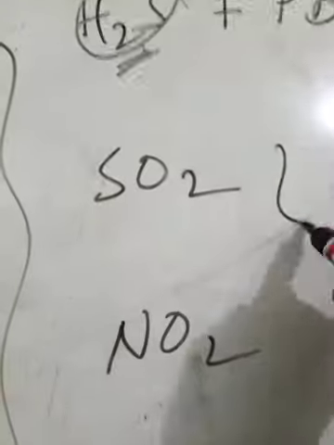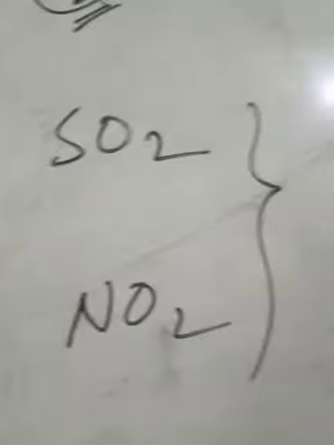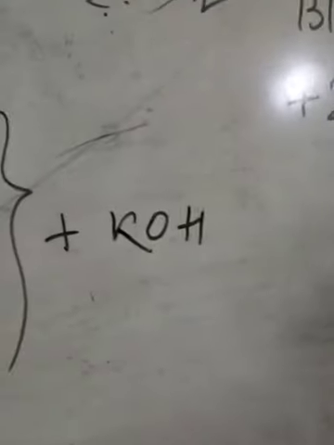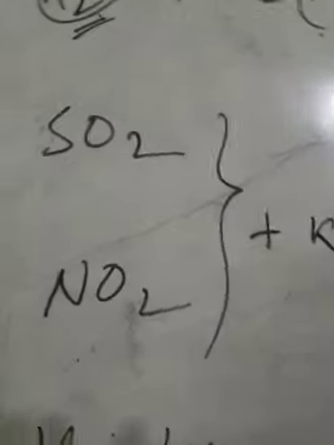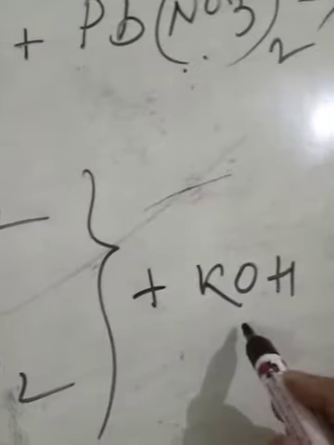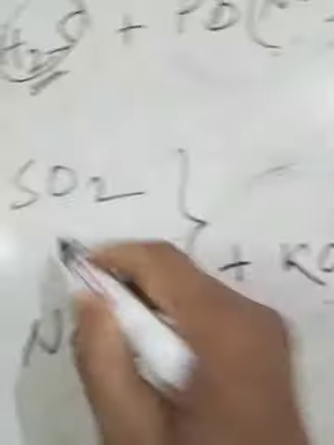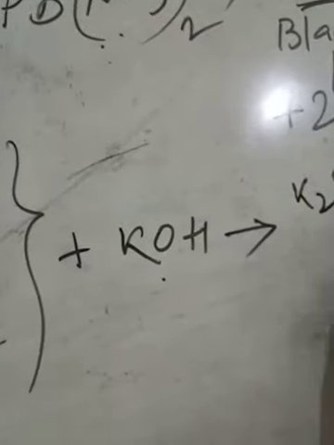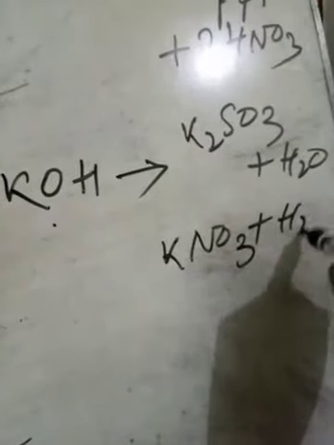Now to remove sulfur dioxide and nitrogen dioxide, which are acidic oxides, you have to use an alkali, either potassium hydroxide or sodium hydroxide. That means the gas containing hydrogen mixed with these has to pass through potassium hydroxide solution. Then these gases will form K2SO3 plus H2O or KNO3 plus H2O.